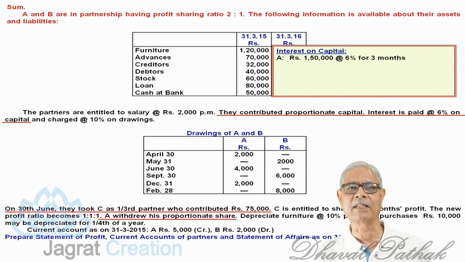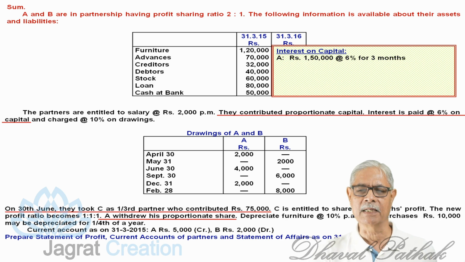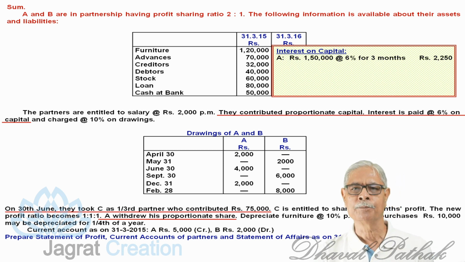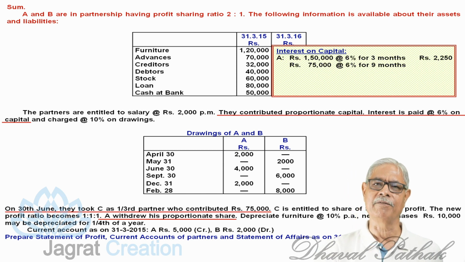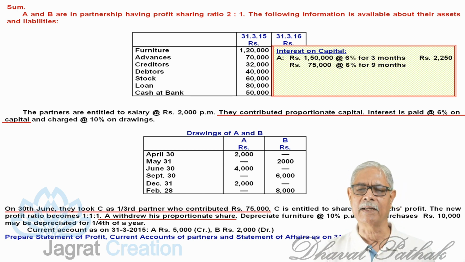So 1,50,000 into 6% for 3 months. After that, he has withdrawn 75,000 against his 1,50,000 because he has transferred his 1/3 share to C. So for the remaining 9 months, his capital is 75,000, because 150 minus 75,000 withdrawn by him. On that, 6% interest will be calculated for 9 months.